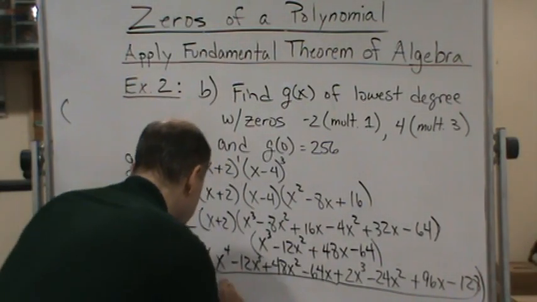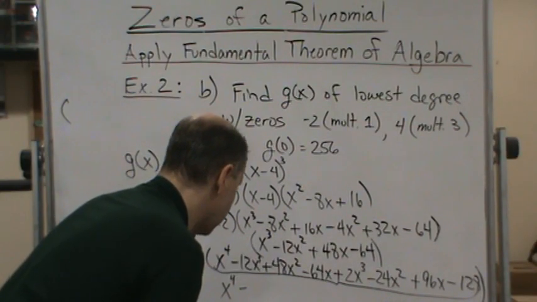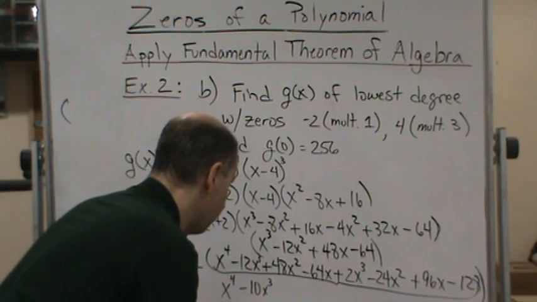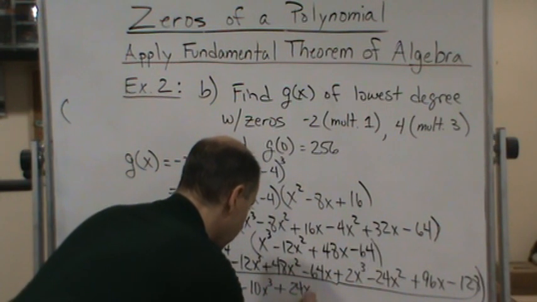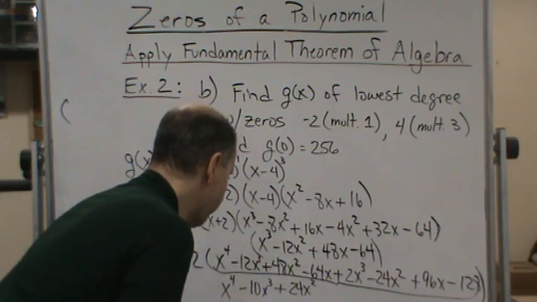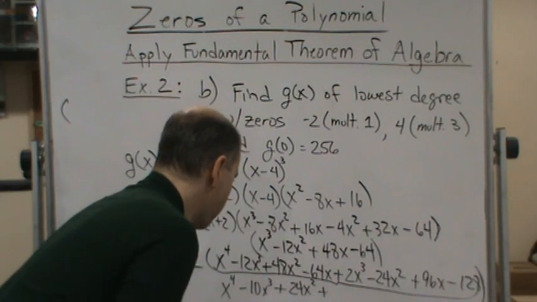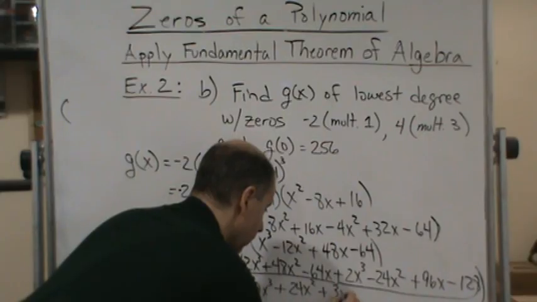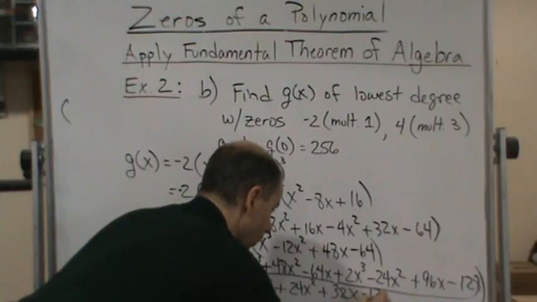So this is going to be x to the fourth minus 10x cubed plus 24x squared plus 32x minus 128.